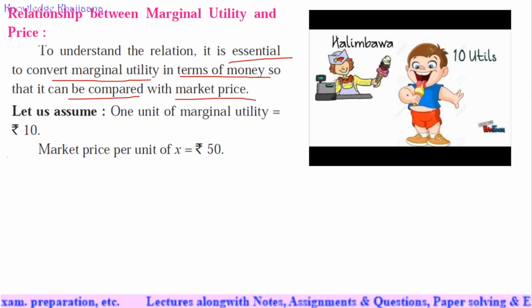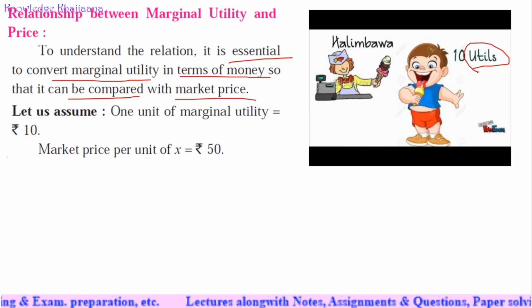Now how do we compare? See, for example, this boy is purchasing some ice creams. After purchasing the ice cream, he is finding the price of that ice cream in terms of utils. He is analyzing the taste or whatever satisfaction he is getting, and calculating it in terms of utils. To make the study easy, we have to compare money with the market price.